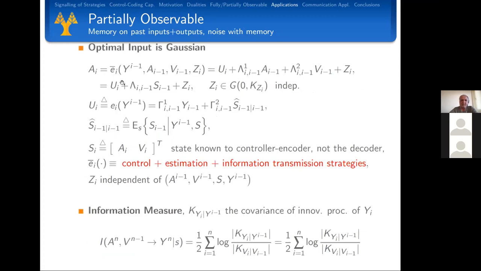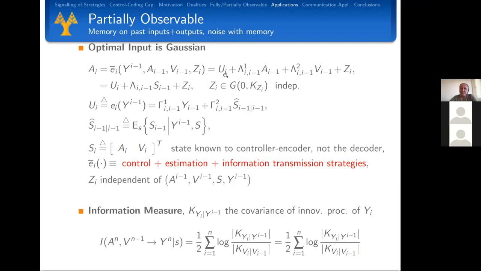Again, you have your optimal randomized strategy. Now it would be a function of the previous y. The coder knows the initial state, and because your channel is Markov and my payoff does not depend on previous inputs, it will be a function of all the previous y's, the previous A, the previous noise, and this independent process, which is linear in this case.